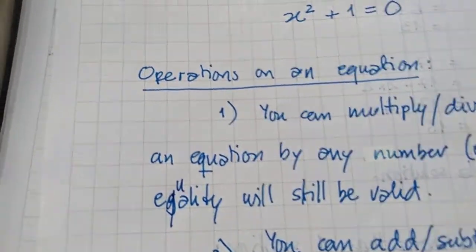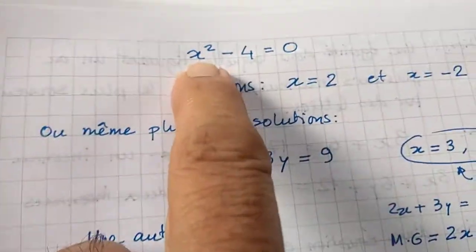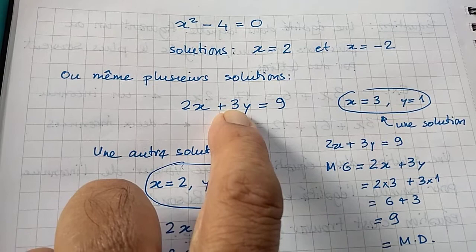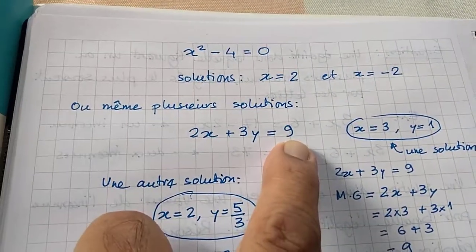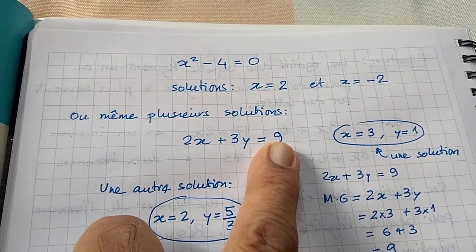will still be valid. That means if you take an equation like this, and you multiply both sides, that is you multiply this side as well as this side by the same number, the equality will still be valid.